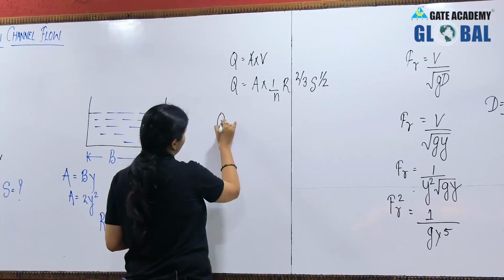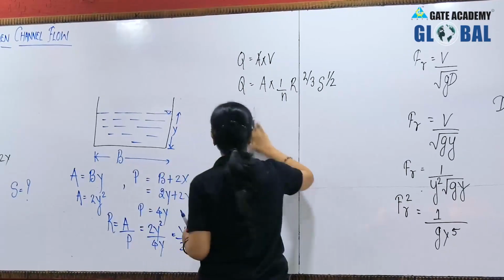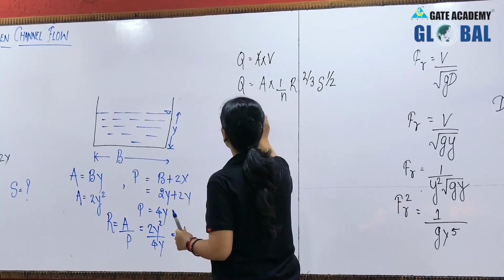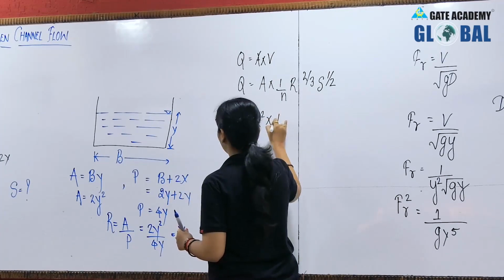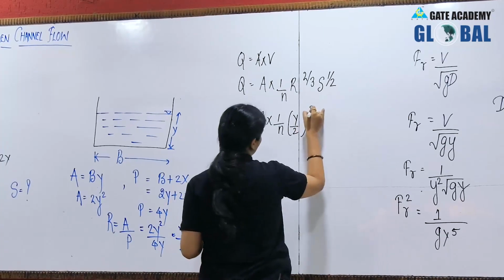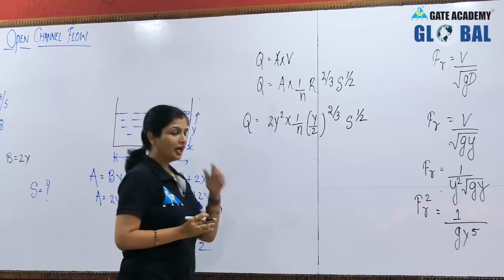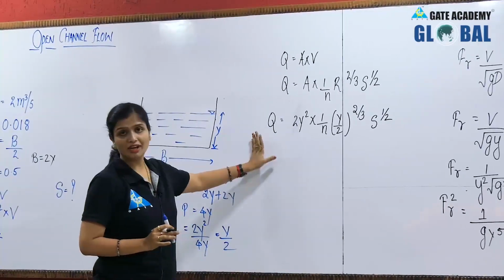So first let me write it. Area is given to you as 2y square, 2y square, 1 by n, R is y by 2 to the power 2 by 3, and slope. Now substitute the values, you got every value now.